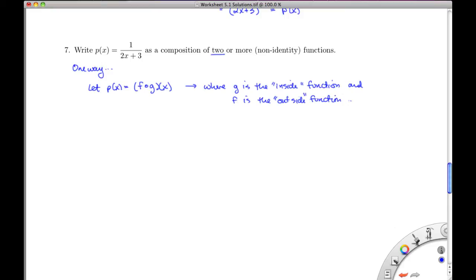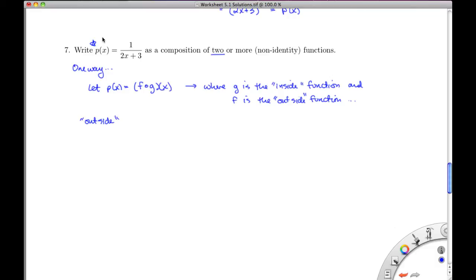Let's think about what this would be. Let's consider our outside function. What's going on with this function p? Well, we've got 1 divided by 2x plus 3. So we have 1 divided by some function of x that's not the identity function. That's a great place to start.